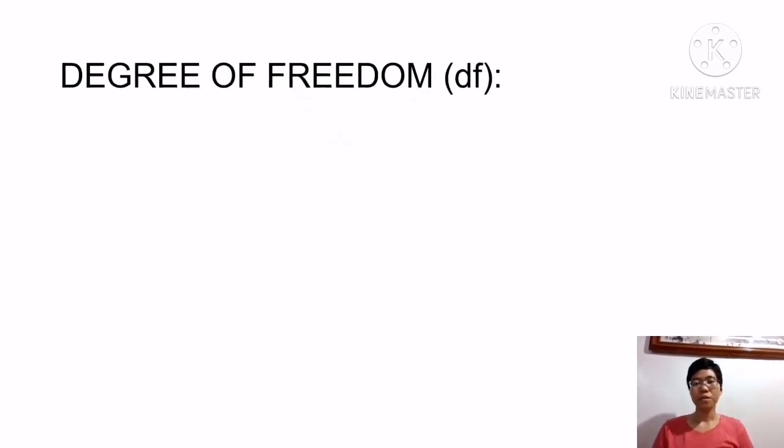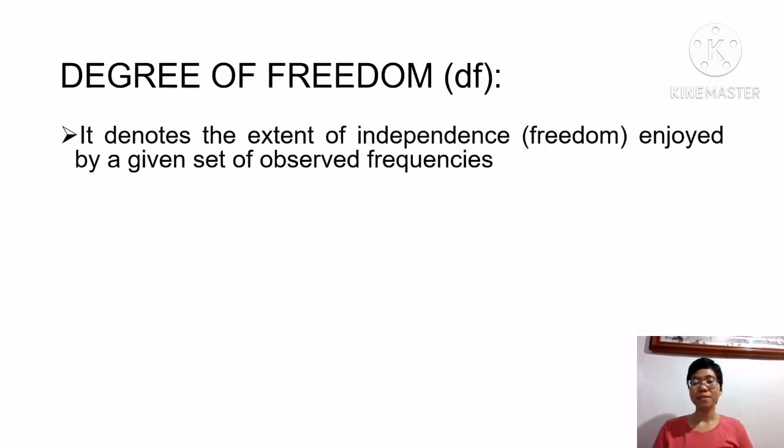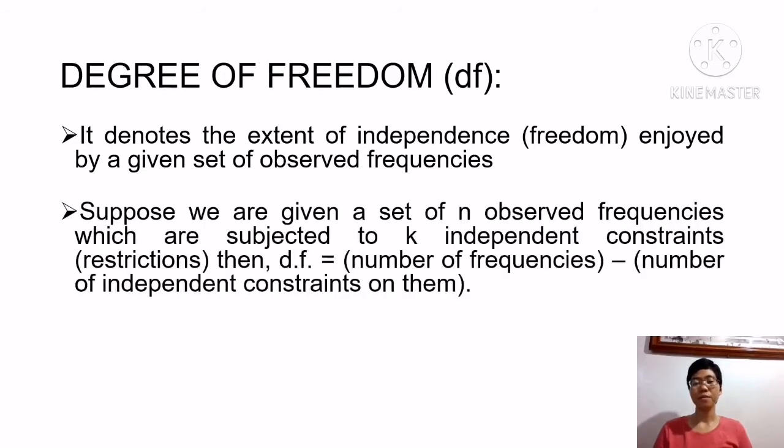Degree of freedom, or DF. It denotes the extent of independence or freedom enjoyed by a given set of observed frequencies. Suppose we are given a set of n observed frequencies which are subjected to k independent constraints or restrictions.